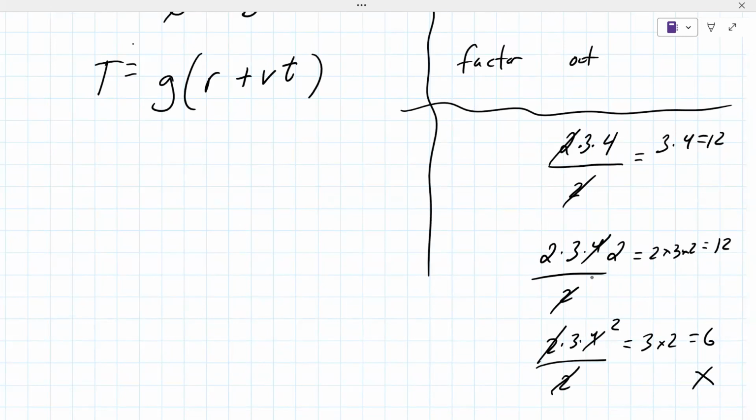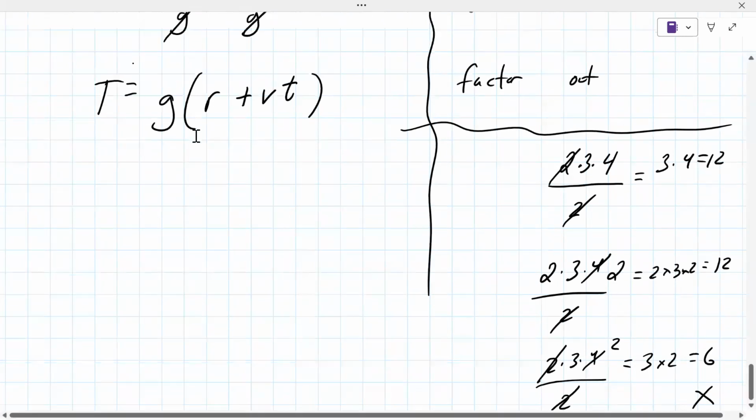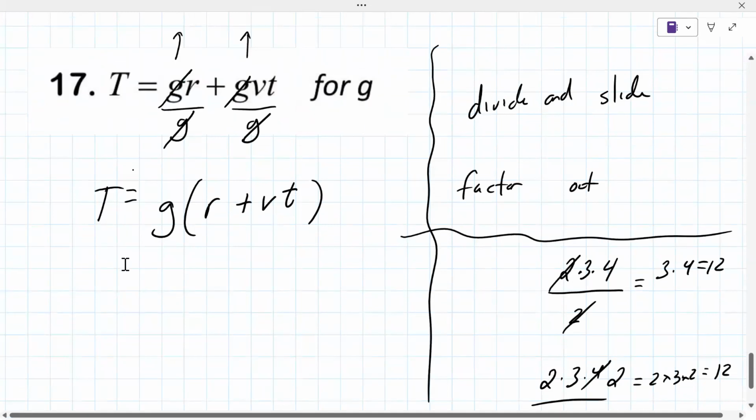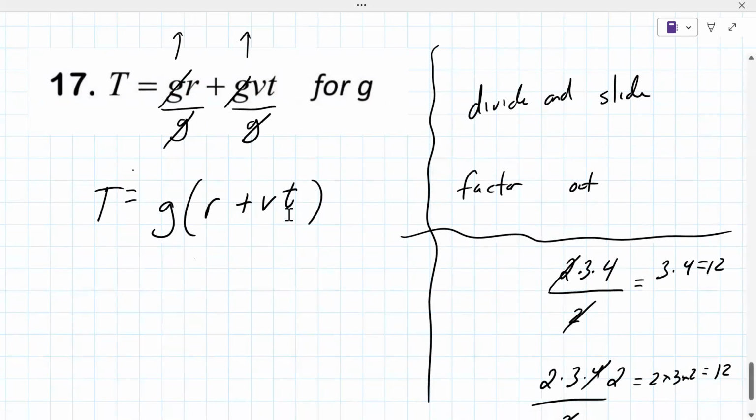All right, so now we've got P equals G times parentheses R plus VT, and our goal is to solve for G. G is being held up by this R plus VT in parentheses. I know this is awkward, but you divide everything by R plus VT.